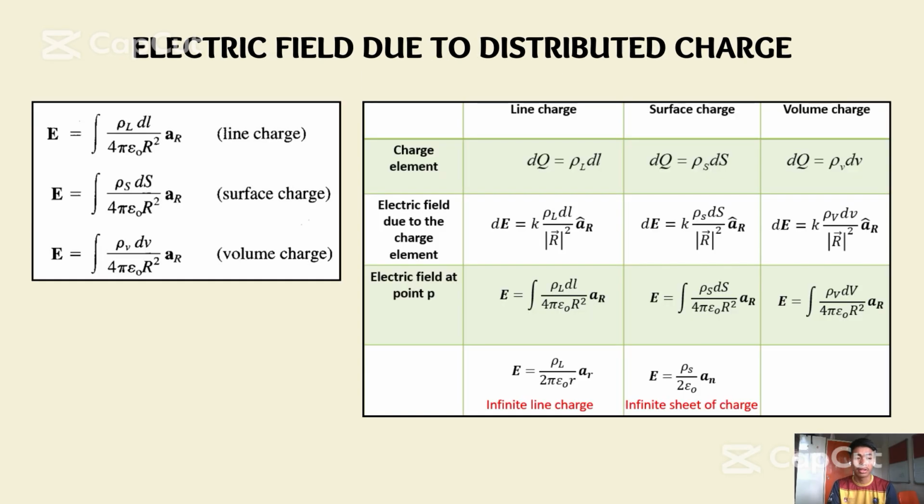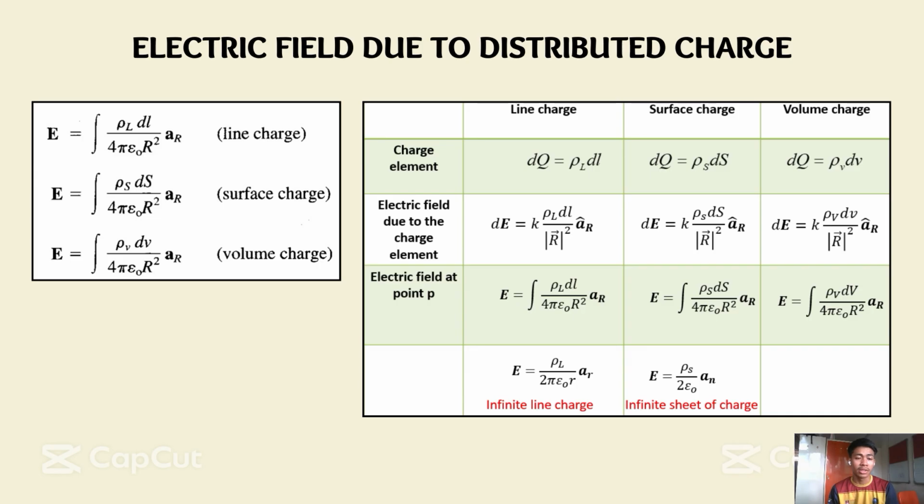Next, the electric field due to distributed charge. For line charge, we use E equals the integral of rho L dL over 4 pi epsilon naught R squared, times the unit vector. For surface charge, E equals the integral of rho S dS over 4 pi epsilon naught R squared, times the unit vector.